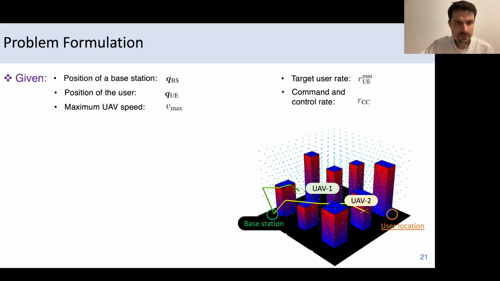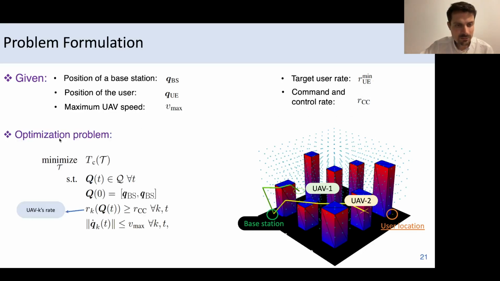So the problem is, given the position of the base station, given the position of the user, and given the maximum speed of the UAVs, as well as the target user rate and the command and control rate, to minimize the connection time with respect to the trajectory of both UAVs, subject to the constraint that the configuration points must be in what we call configuration space.